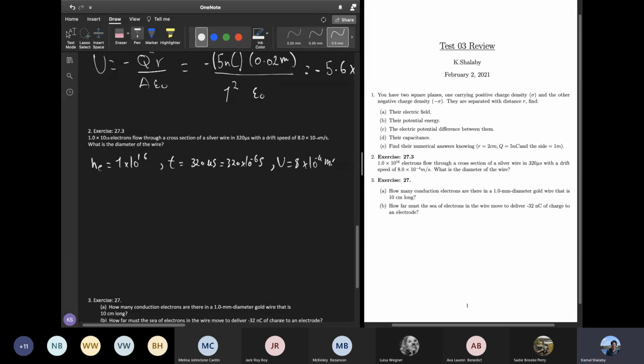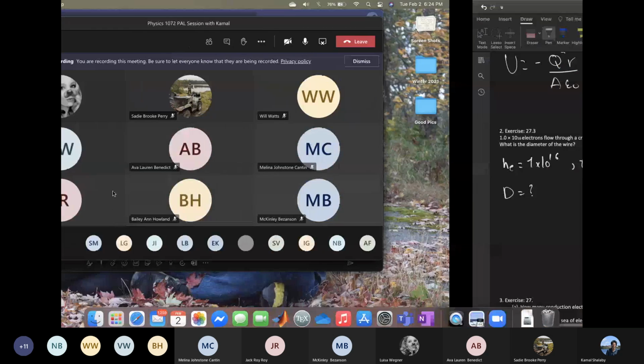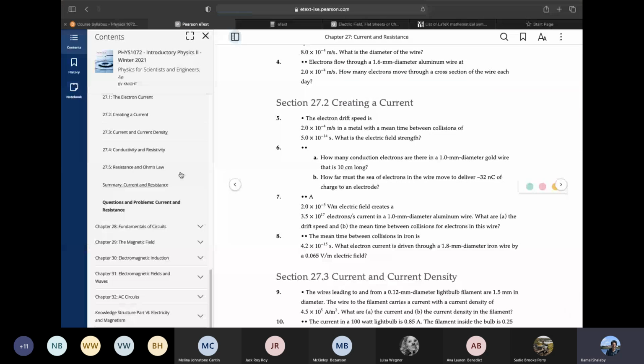So a simple thing we can do is go to the book and try to find an equation that has all of these.